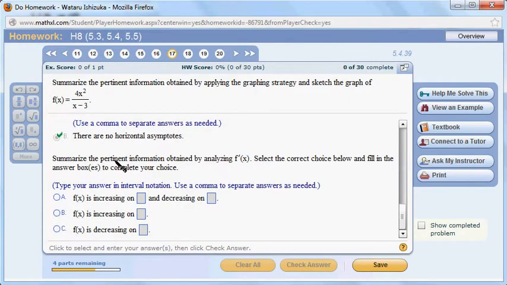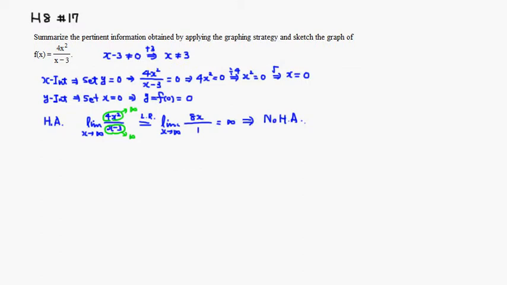Now, summarize the pertinent information obtained by f prime. Select the choice. So we have to find a derivative. We take the derivative, f prime of x. Since it's a quotient, we use the quotient rule. Square the bottom, so you have the quantity x minus 3 squared.